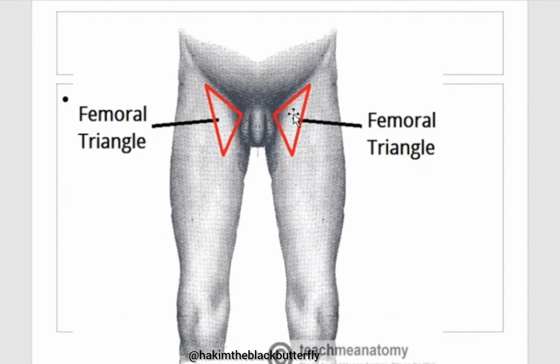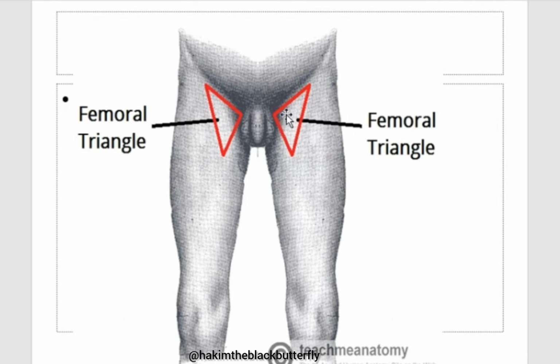On the other hand, they can be accessed and used for clinical procedures because they are near to the skin. But because they are near to the skin, they can easily be injured. So that is why this femoral triangle is of clinical significance.